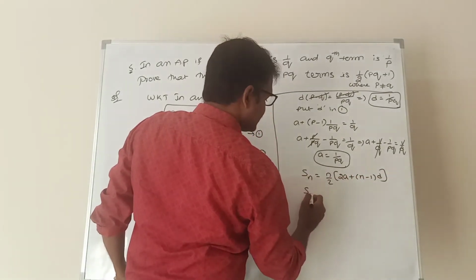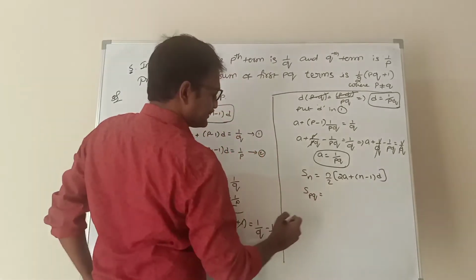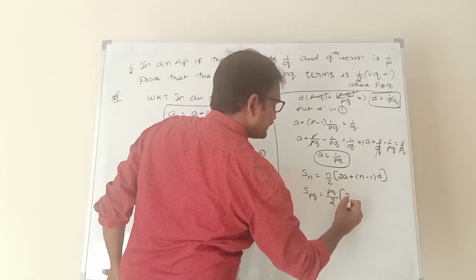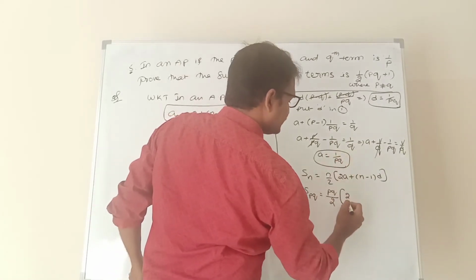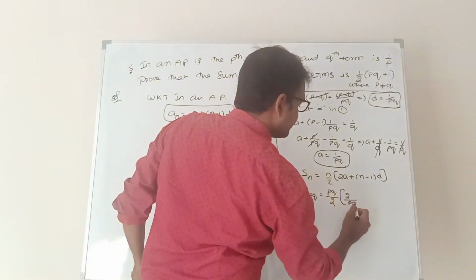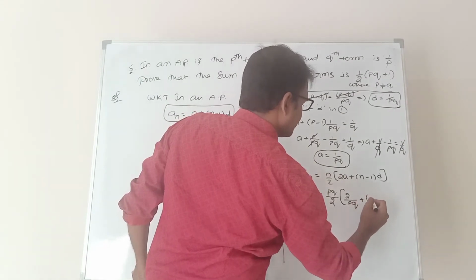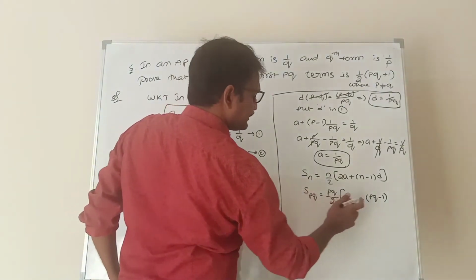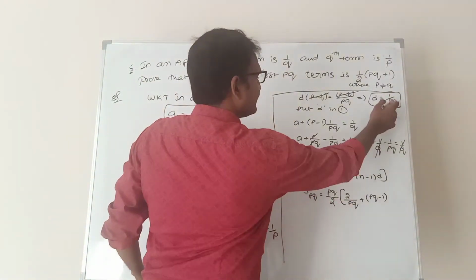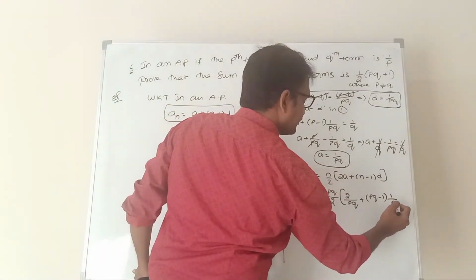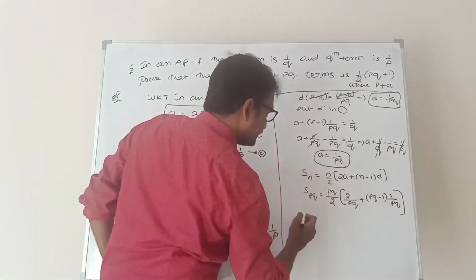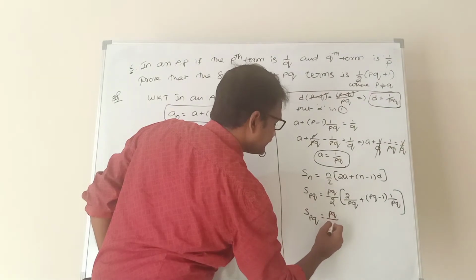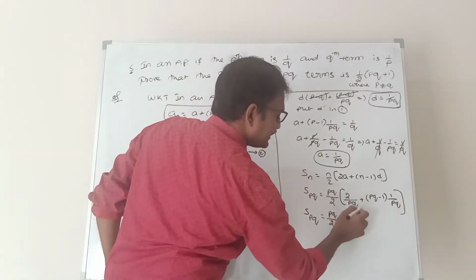So the sum of pq terms, S of pq, is pq by 2 into 2a, where a value is 1 by pq, that means 2 by pq, plus pq minus 1, since the n value is pq, into d. The d value is 1 by pq.